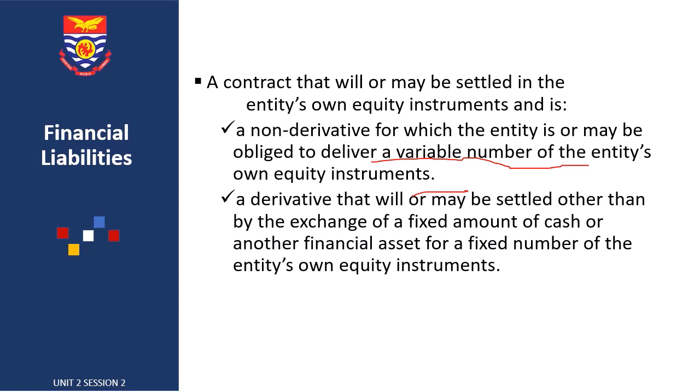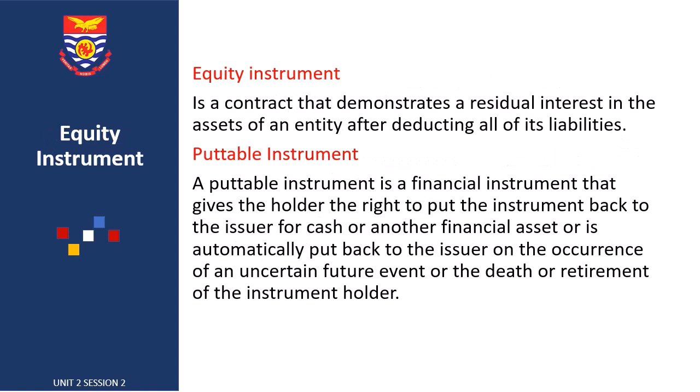They peg it against a certain amount, and that is what you are going to use to settle it. And that is what we mean by a financial liability. It's either a contractual obligation that must be settled in the future under unfavorable terms, or you come to a contract that may be settled in the entity's own equity instrument.